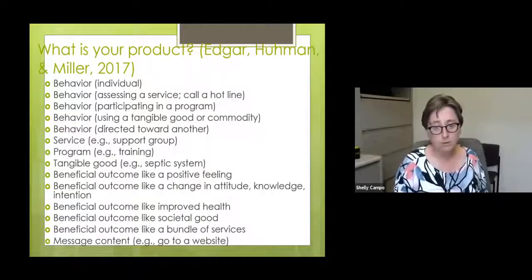But it could be that your good is just trying to change attitudes or knowledge or intention. It could be thinking about driving people to thinking about you as the go-to service for them. So again, you want to give some thought here to what you're selling, and to be sure that what you're selling is what they want to hear.